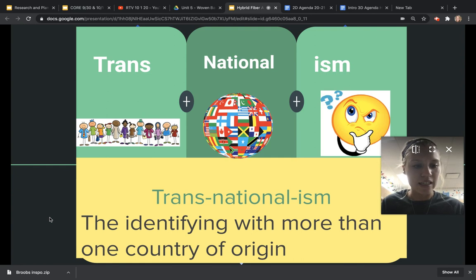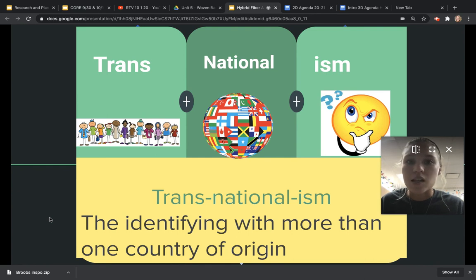Parts of him felt like he definitely belonged in the US, and other parts of him felt like he definitely belonged in China. But there was no one place where he felt 100% that he was from. And that feeling, that lack of communication that he was experiencing when he moved from place to place, is what contributed to his artwork.